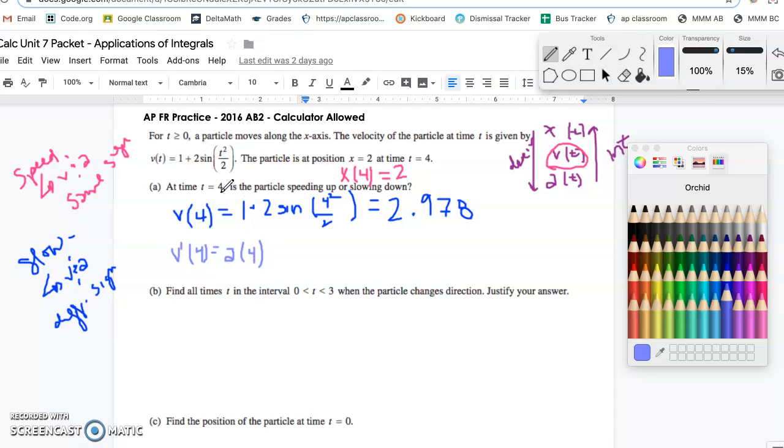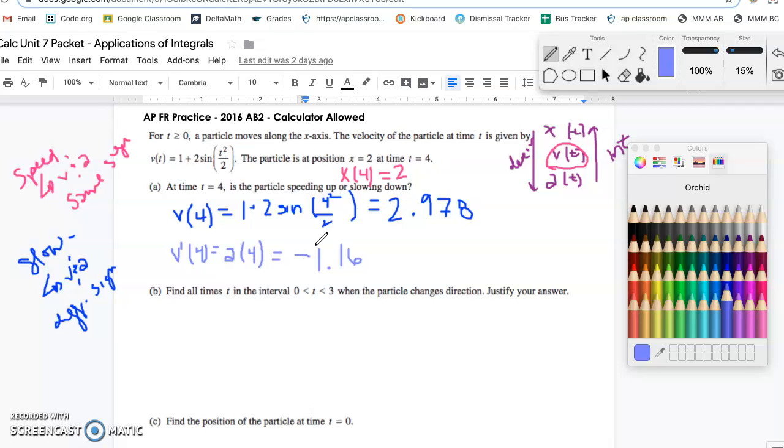For this, you're just putting x equals 4 in your calculator. For the AP test, you really would only need to write v of 4 equals this, and v prime of 4 equals a of 4, which equals your answer. So we plug that in your calculator, and I get negative 1.16.